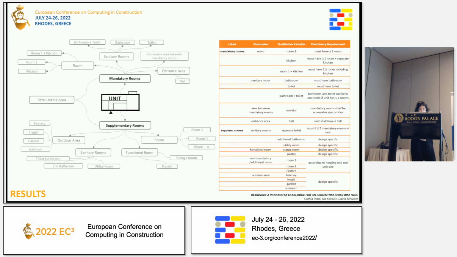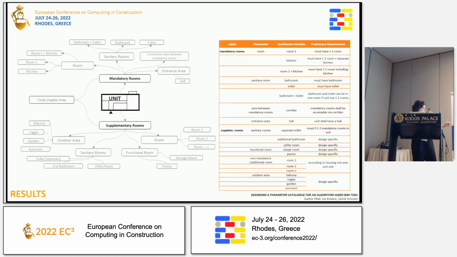And in terms of the dwelling unit, we identified the mandatory rooms and the supplementary rooms. So the total usable area was subdivided into that. And then we had our mandatory rooms. Of course, a dwelling unit has to have at least one room. That's kind of obvious, yeah? But in relation to that, it must have a kitchen, it must have this, it must have that.